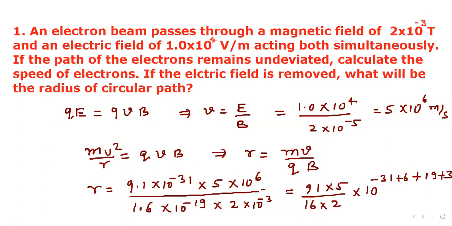So it will become 1.43 into 10 to the power minus 2 meter, or 1.43 centimeter. R equal to 1.43 centimeter, which is our answer.